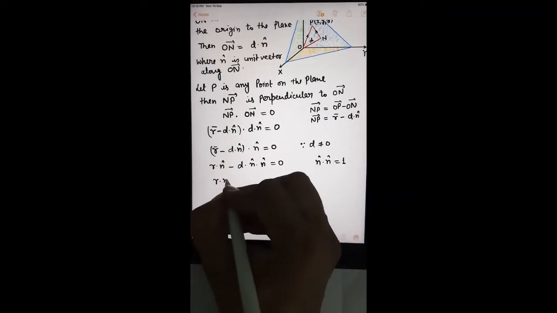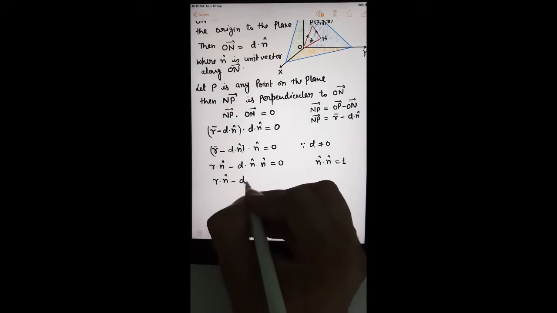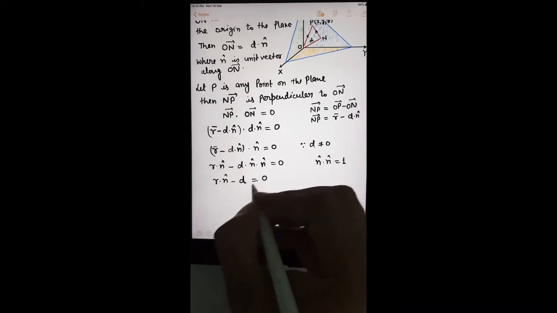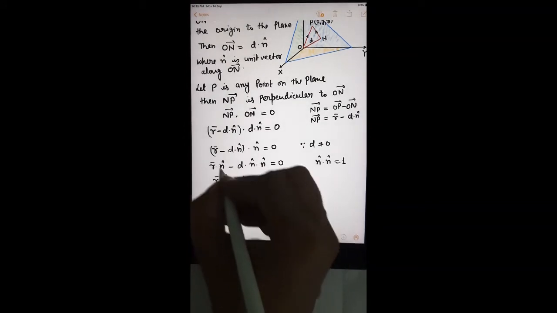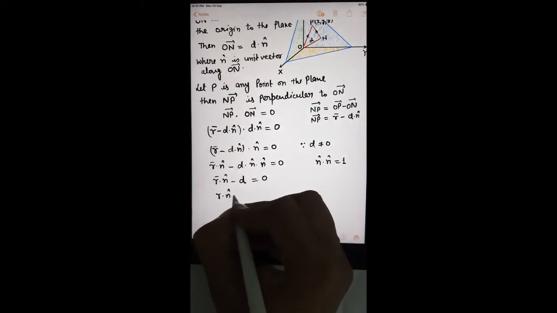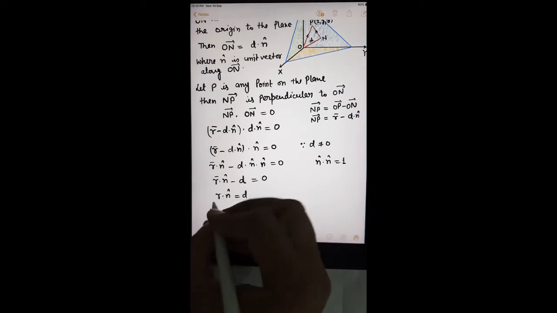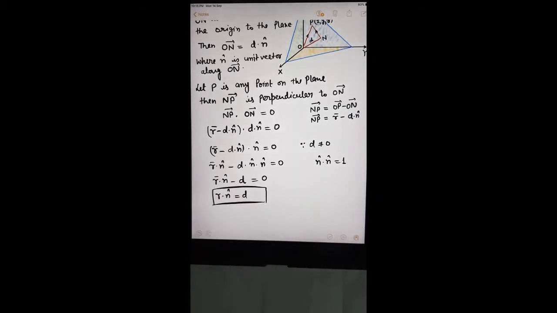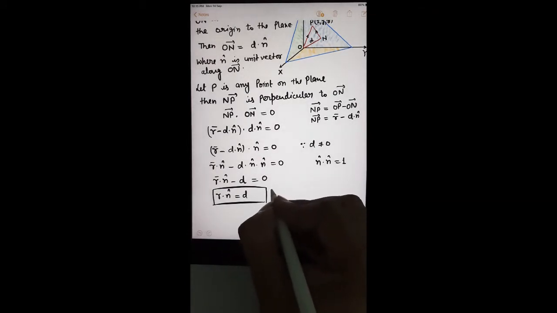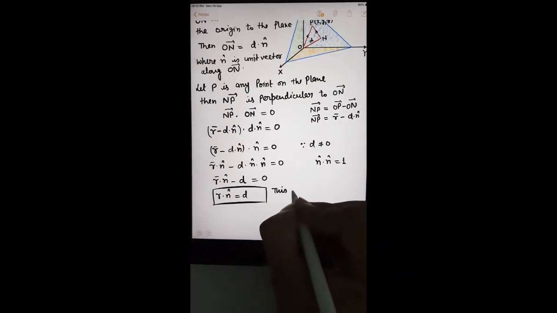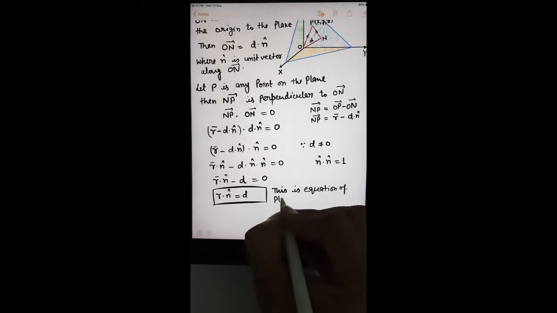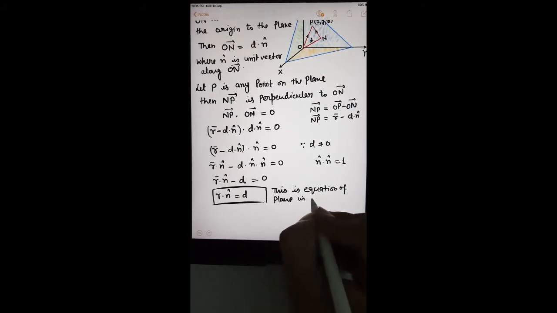So R dot unit vector n minus D, because n dot n is equal to 1, is equal to 0. So R dot unit vector n is equal to D. This is the equation of plane in vector form.